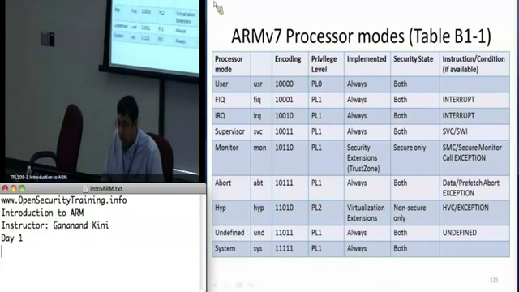So the FIQ, IRQ are primarily hardware-driven interrupts. So you can physically interrupt the processor while it's doing some work. The supervisor mode, which we've seen, is enabled by using the SVC or the SWI instruction, which is software interrupt or supervisor call.